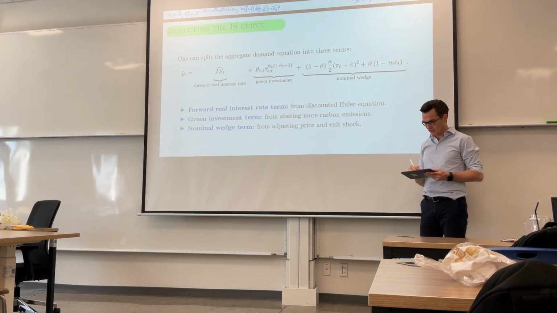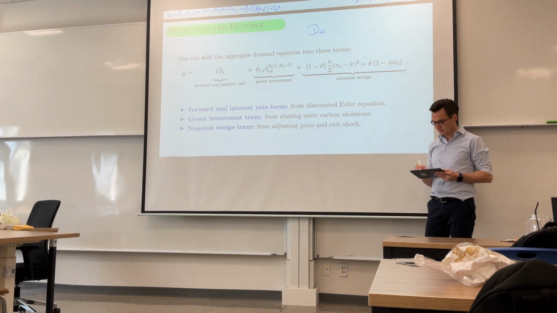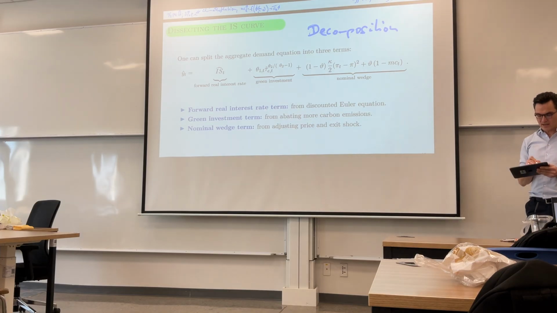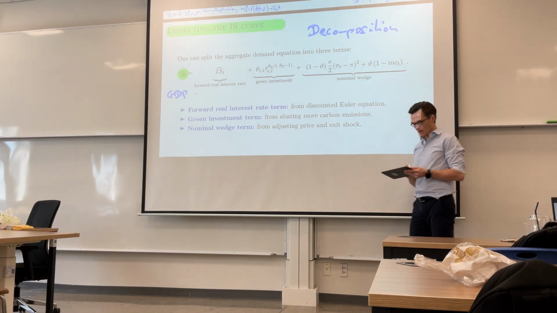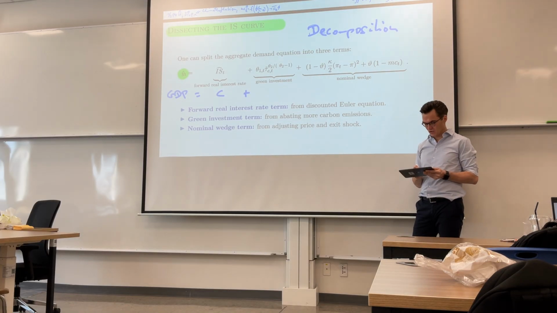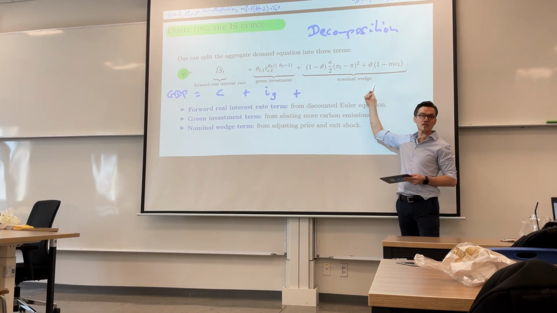So this is a decomposition. It's a decomposition of inflation, or no, sorry, of output. So Y is output, that's GDP. And it's decomposed into consumption, C, plus green investments, which I'm going to call IG for green investment, plus all the normal adjustment costs.